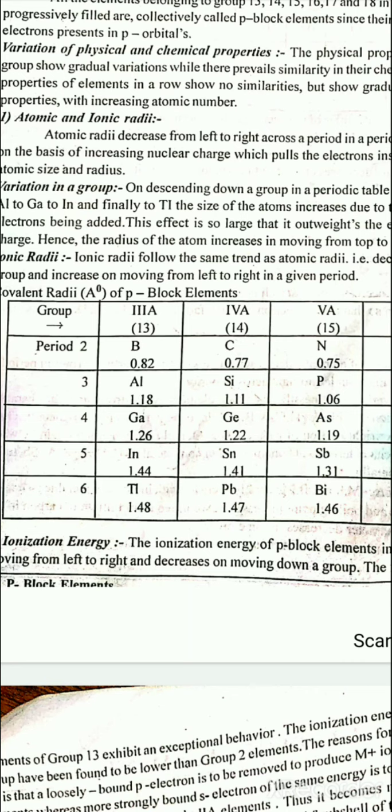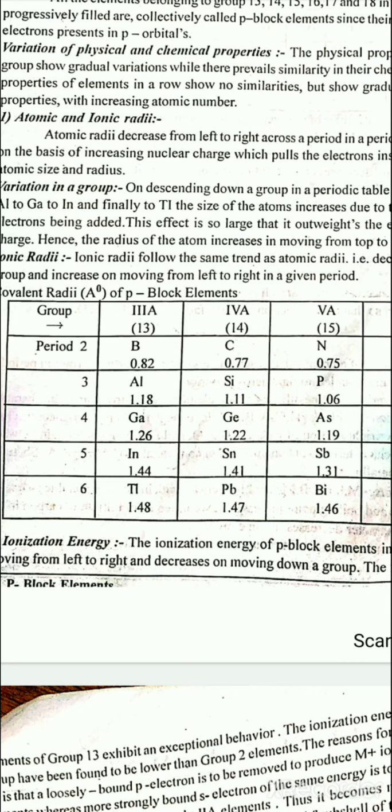Carbon has atomic number 6, 1s2, 2s2, 2p2. What is going on here? In boron it is 2p1 and in carbon it is 2p2, meaning the p orbital has 1 electron in boron and 2 electrons in carbon.